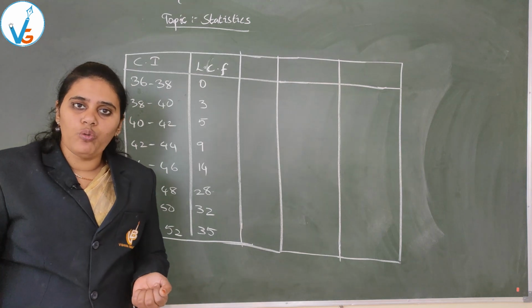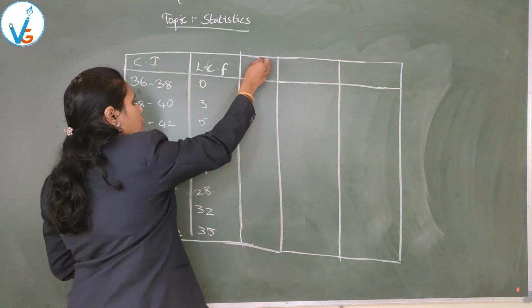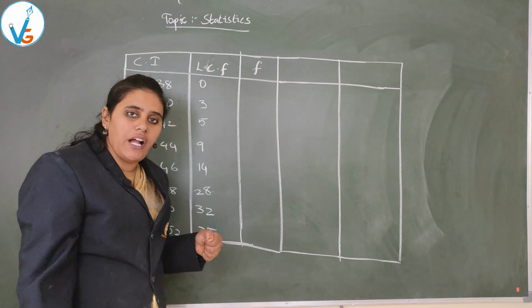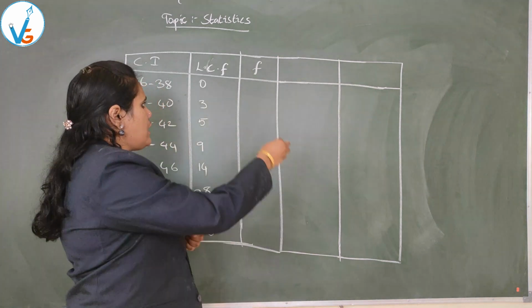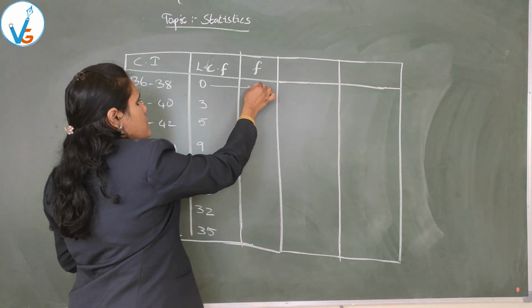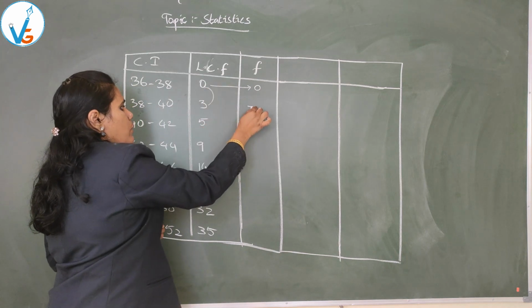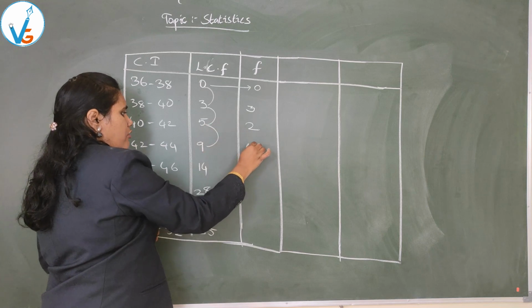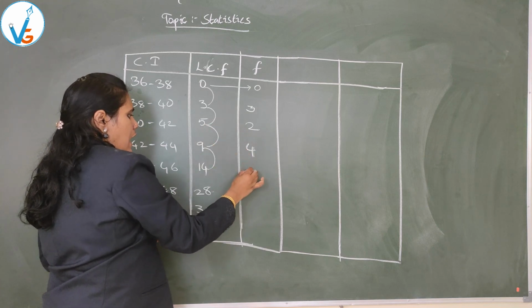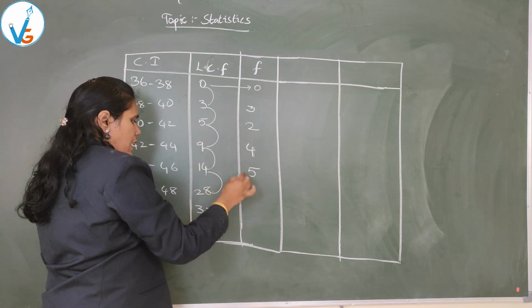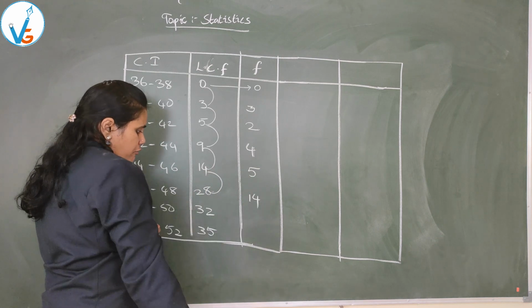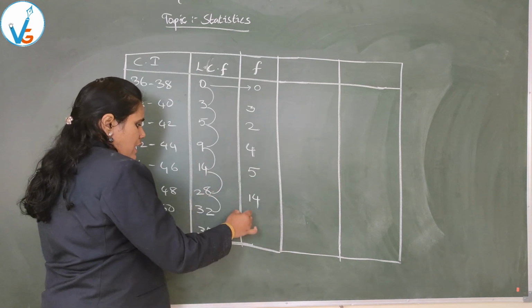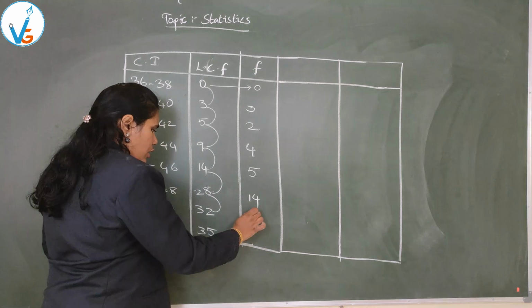Next what we have to do? We have to find out our frequency first. How can we find out our frequency? 0 you will write as 0. 3 minus 0 will be 3. 5 minus 3 will be 2, 9 minus 5 will be 4, 14 minus 9 will be 5, 28 minus 14 will be 14 and 32 minus 28 will be 4.